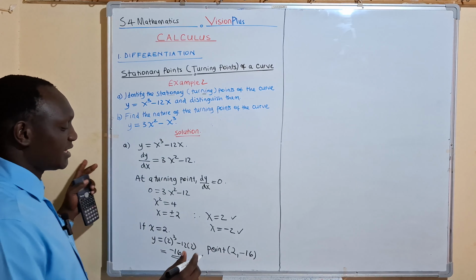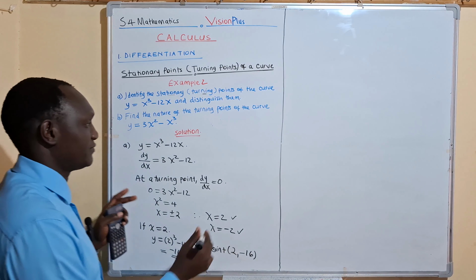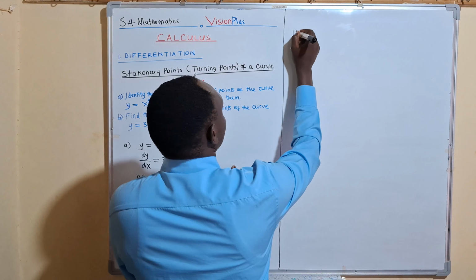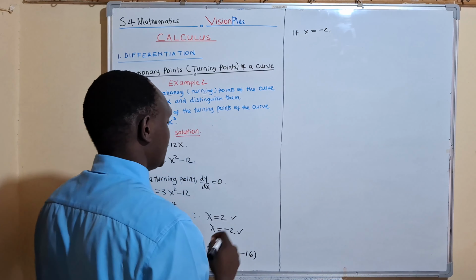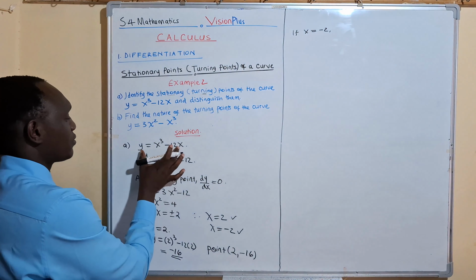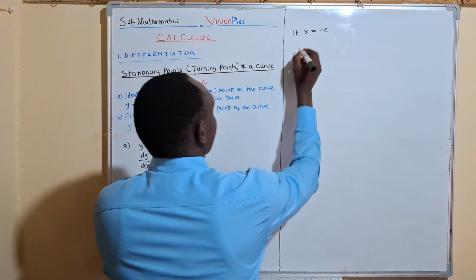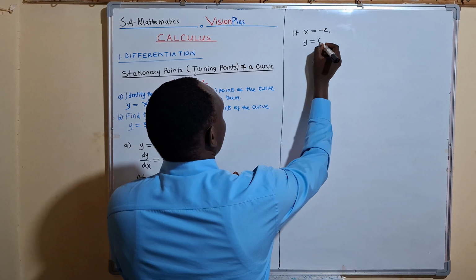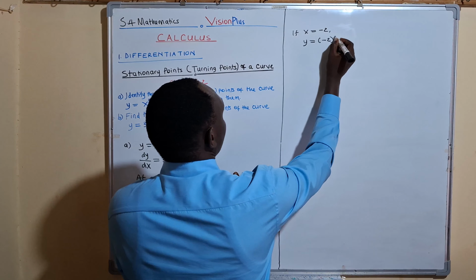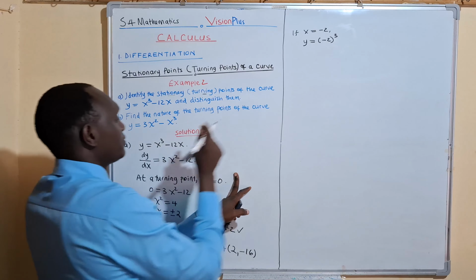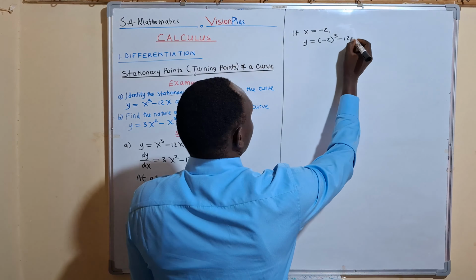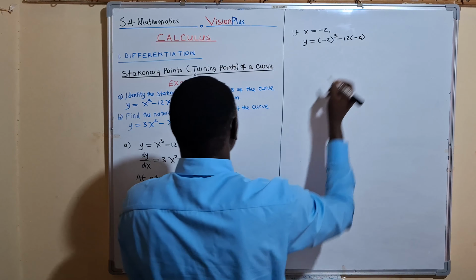Now let us get the other point when x is negative 2. What is the corresponding value of y? So y becomes negative 2 to the power 3, minus 12 times negative 2.